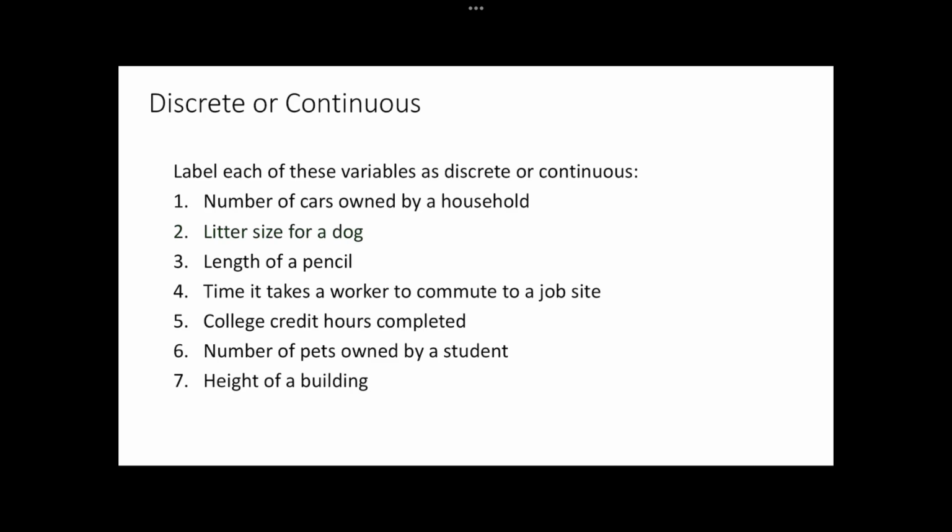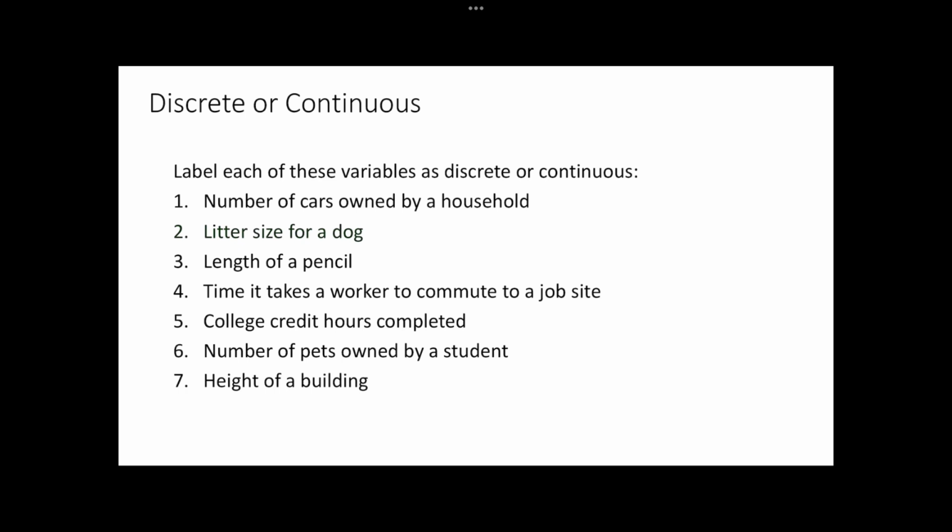Let's label each of these variables as discrete or continuous. The number of cars owned by a household. So you should ask yourself, is this something that I could list out with counting numbers? So if I'm talking about the number of cars in a household, well, yes, I could list that with counting numbers, right? A household could have 1 or 2 or 3 or maybe 10 cars. But I could list those numbers out.